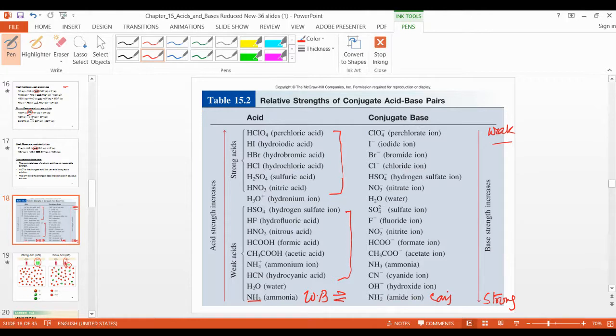This is the weak acid. Very weak acid. Its conjugate base is strong. If the conjugate base is strong, it will react and give you NH3 back. So more ammonia is present in the equilibrium situation.